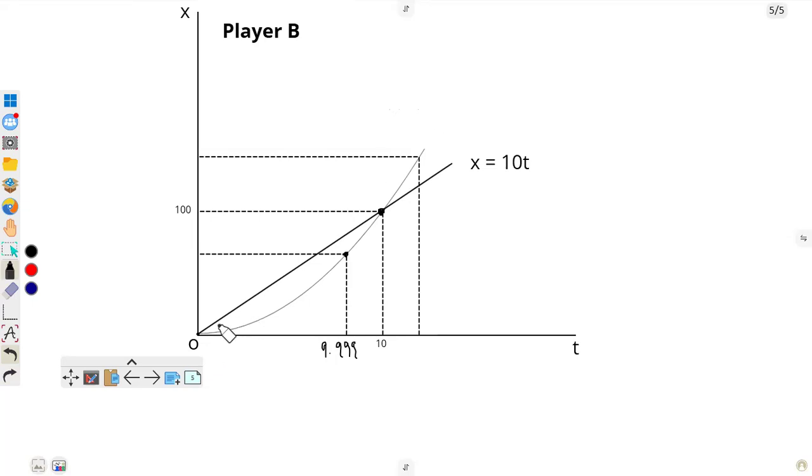And when we plotted player B's graph, we noted that it's a straight line, and so its slope is constant. And okay, what was one of the things that we inferred from our graph?